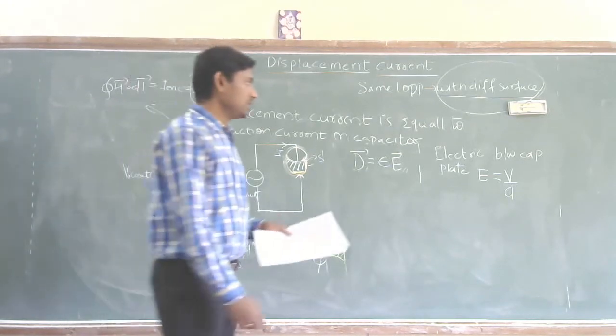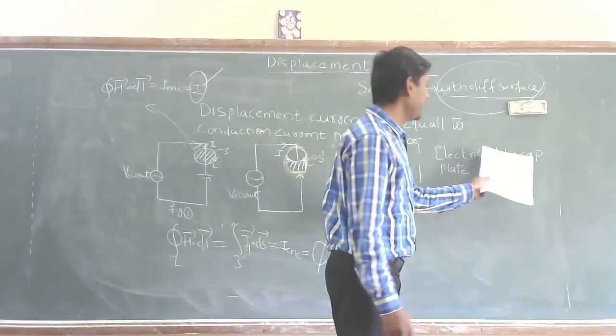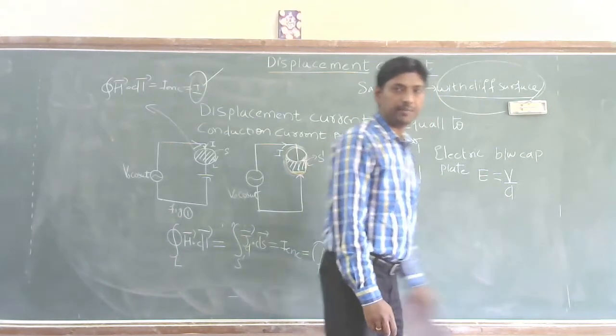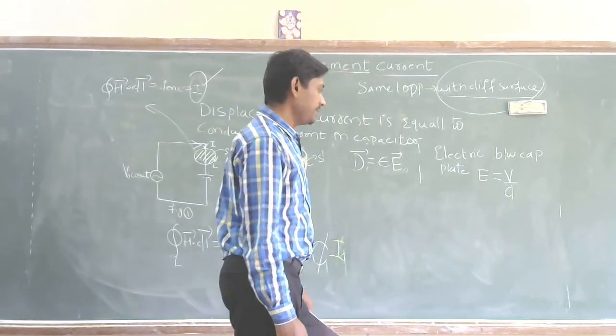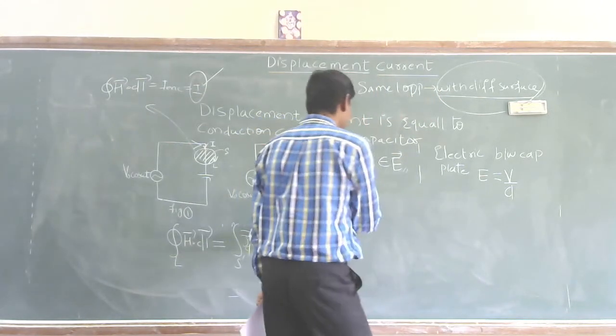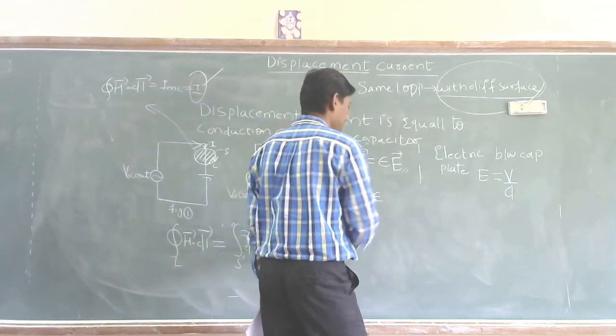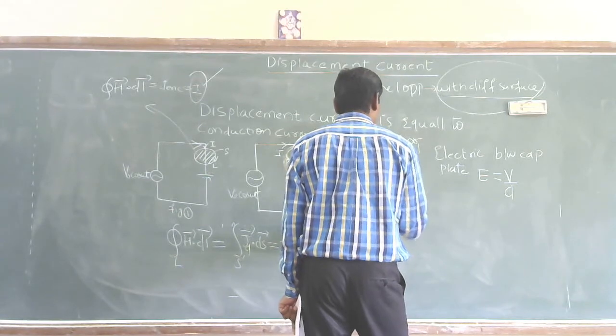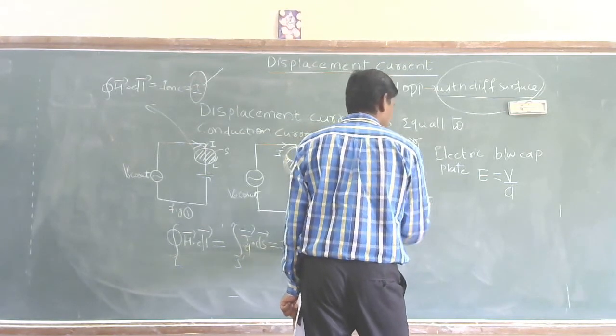So the electric field between the capacitor plates is E equal to V by d, which means that D is equal to epsilon times V naught cos omega t by d.